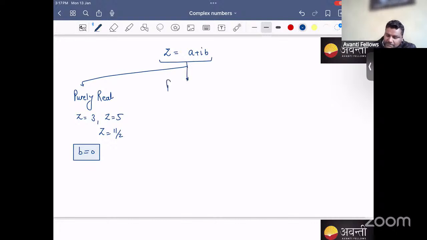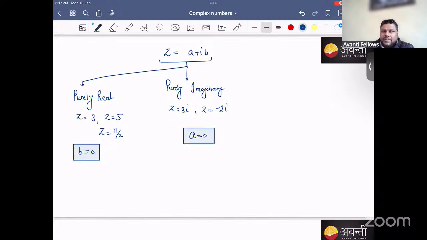Now, if a complex number is purely imaginary, like z equals to 3 iota, z equals to minus 2 iota, in that case, a goes 0.